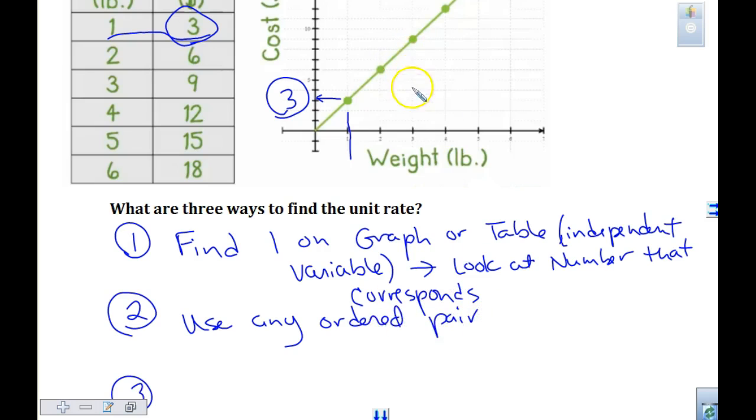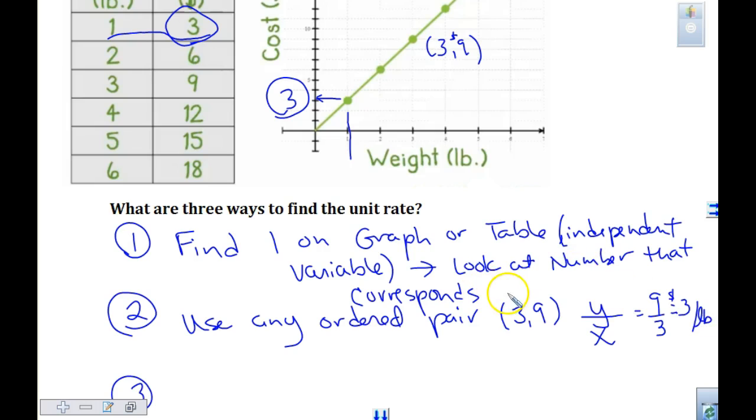And they gave the example of, okay, at 3, it's at 9. So using any ordered pair, you can take the y coordinate and divide it by the x coordinate. And 9 divided by 3 gives us $3 per pound. Same as we got here. In this first one, going across from the one, we had $3 per pound.